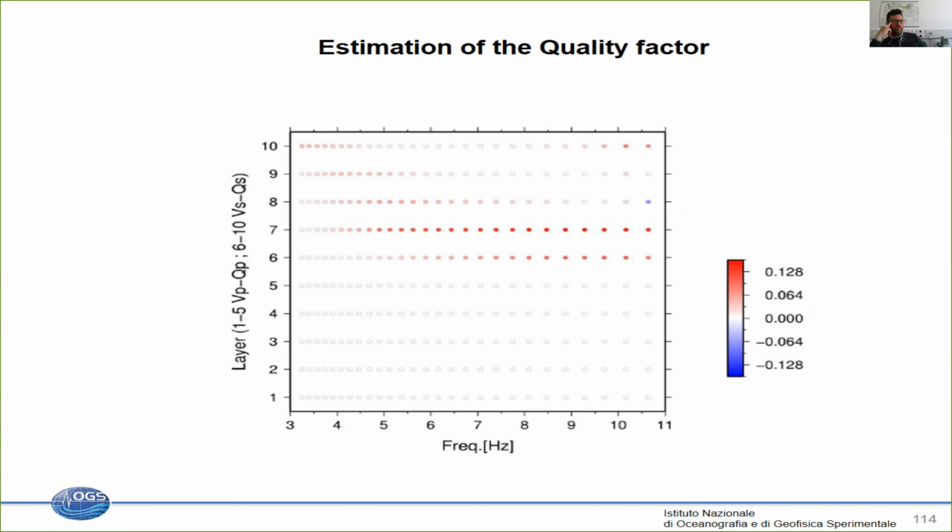So for example, you can have a relatively high shear wave velocity material like gravels that can also have a low quality factor.